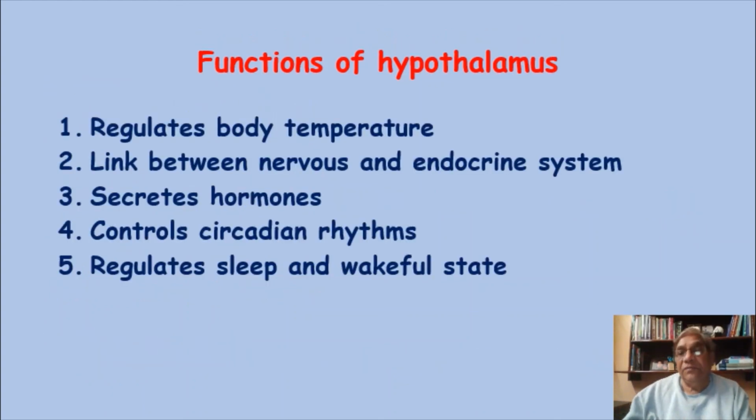Now the other functions of the hypothalamus are to regulate body temperature, which we have already learned, and it is the link between the nervous and endocrine systems, the neuroendocrine pathway from the hypothalamus to the anterior pituitary.